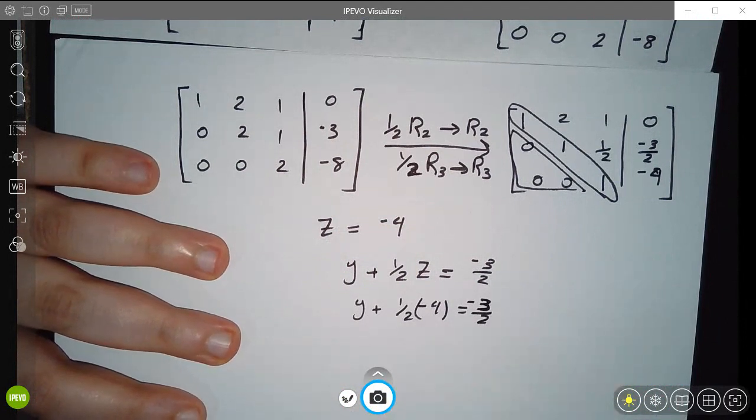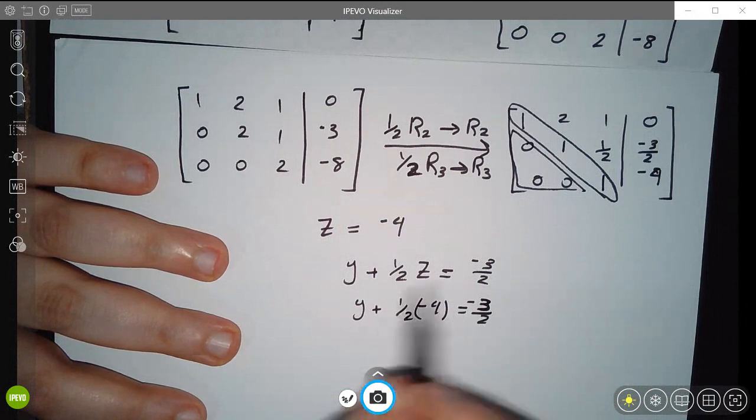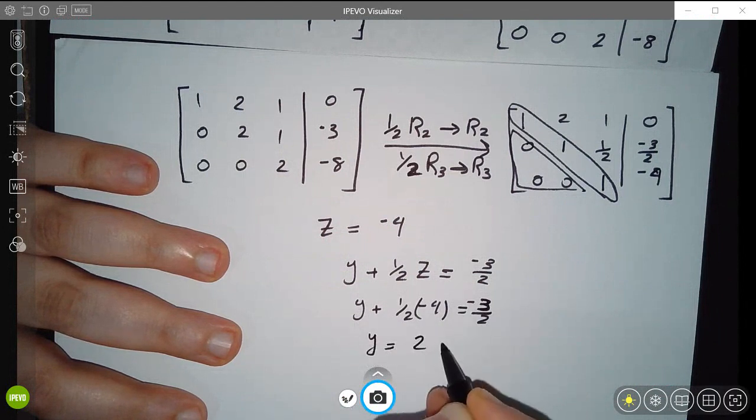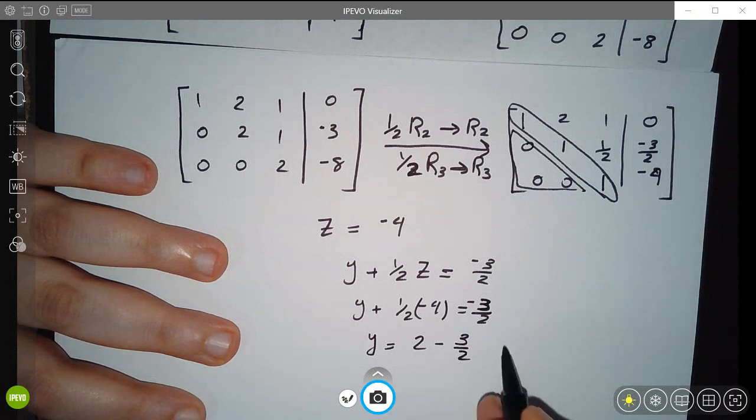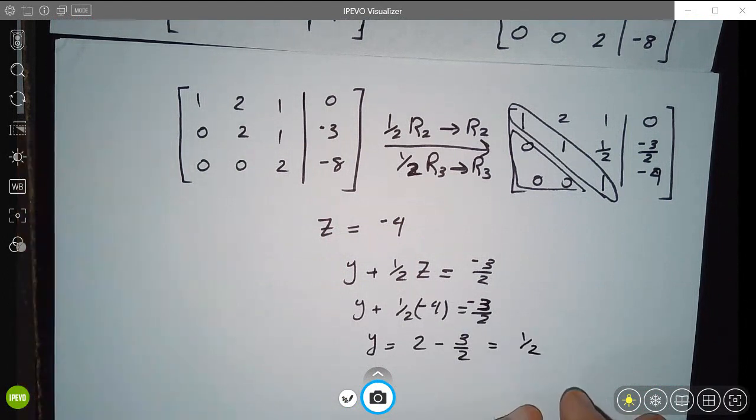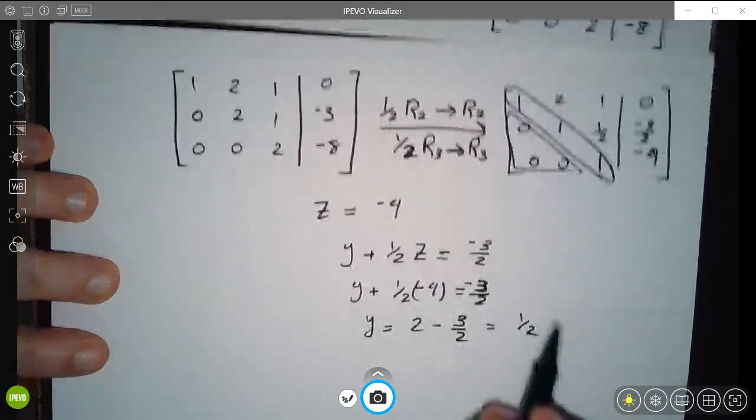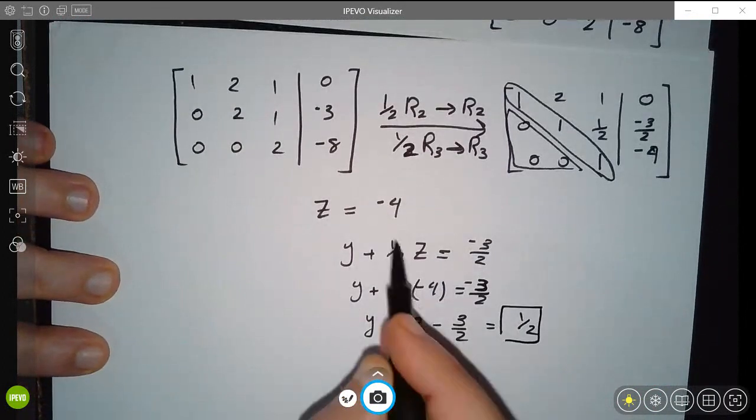Right? So 4 divided by 2 is 2, -2. If you move it to the opposite, it becomes +2. So y equals +2 minus 3 over 2. This is 1/2. So really the answer is 1/2. Y is 1/2.